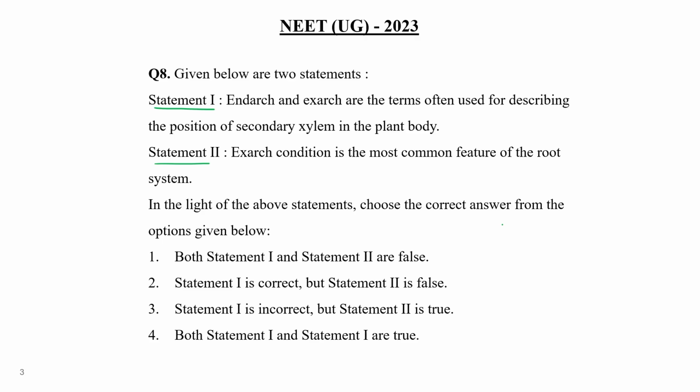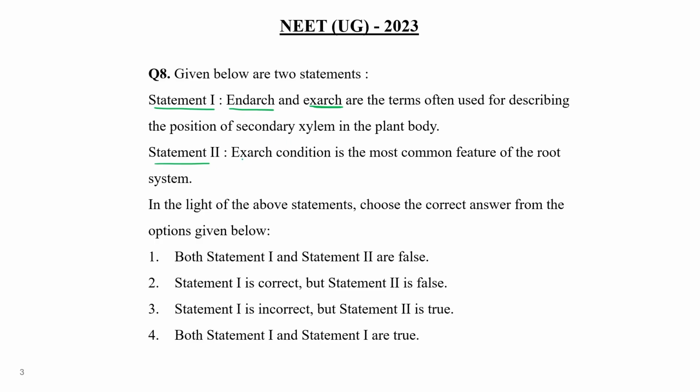Statement 1: Endarch and exarch are the terms often used for describing the position of secondary xylem in the plant body. Are these terms used to describe the position of secondary xylem or primary xylem? First, you tell me this.